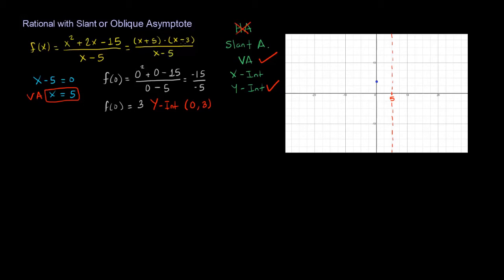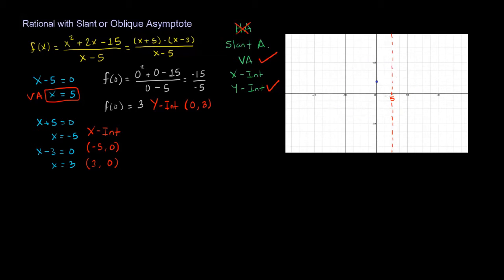This will be over x minus 5. Now we have to pick each of the factors we got here and solve for x. I'm going to do it over here on the left. It will be x plus 5 equal to 0, so x equals negative 5. And here I've got x minus 3 equal to 0, and x will be equal to 3. Here we got these two values that are telling us that the x interceptions would be at (negative 5, 0) and (3, 0). I'm going to write them all here in the graph.